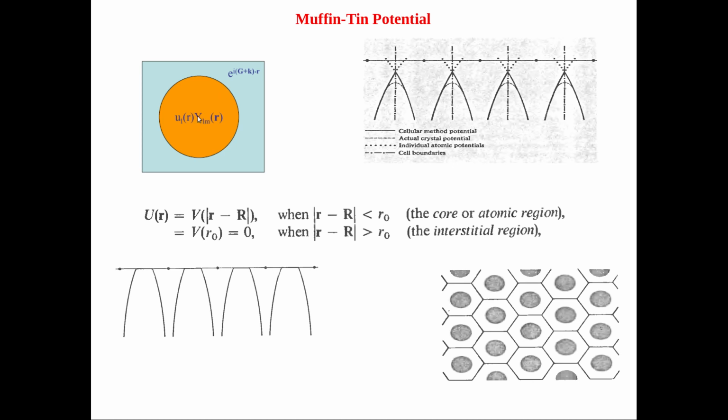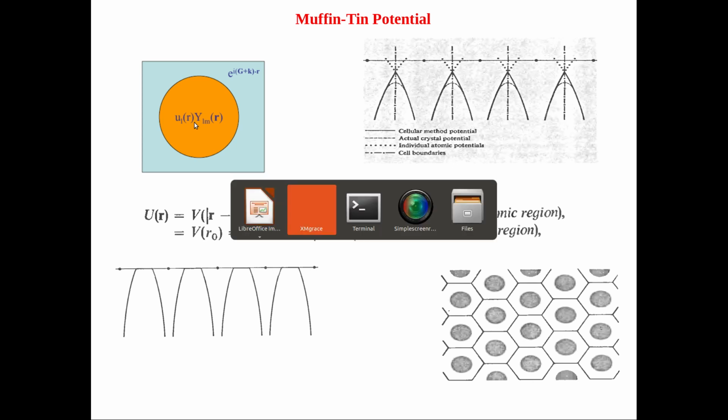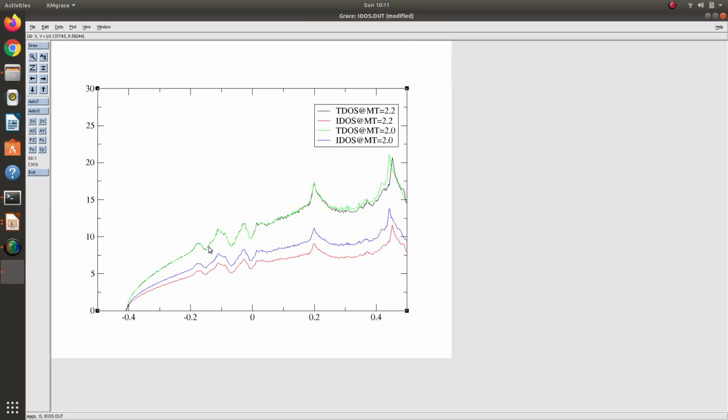So by decreasing muffin tin sphere radius, we are increasing the interstitial density of states. Does that have some effect on total density of states? Not much practically. You can see this curve is almost overlapping.